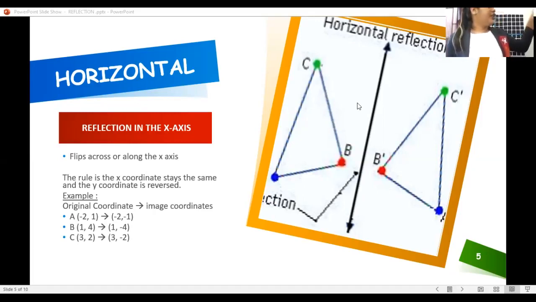So reflection now works with object and image. Good. So we say the object is -2, 1, where I punched. And what is going to be our image now? When I open back my paper, I find the punch at -2, -1.